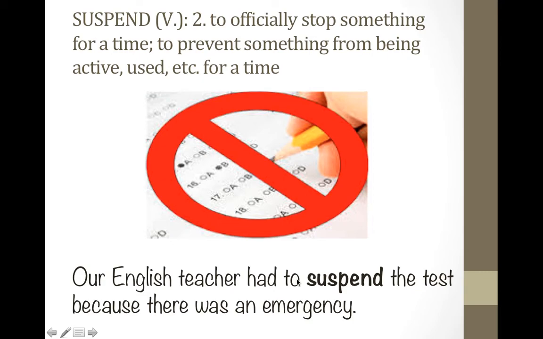Our English teacher had to stop or prevent the test from happening because there was an emergency. Maybe the teacher got sick. Maybe there was an emergency meeting. Who knows, an earthquake, a fire, something happened that the teacher had to suspend, had to stop the test.